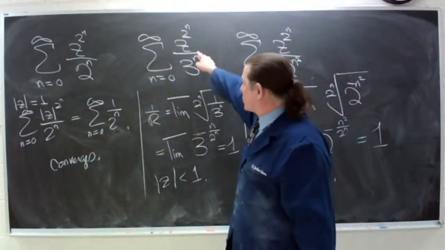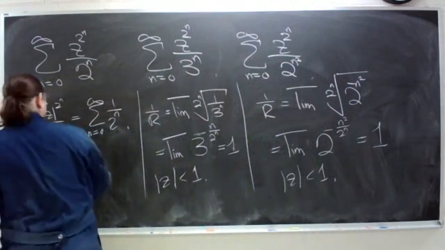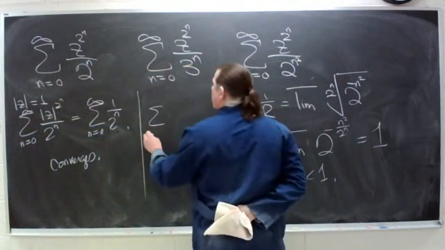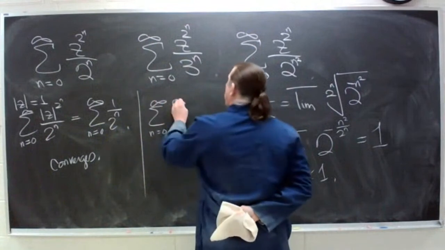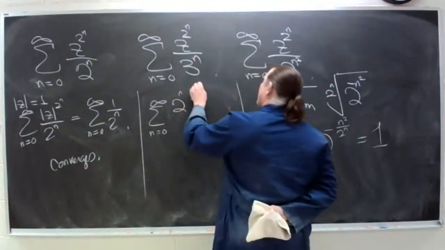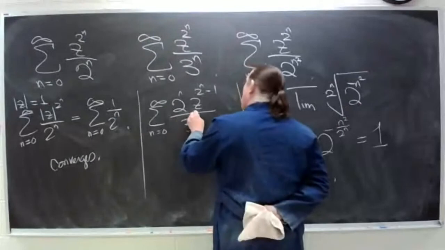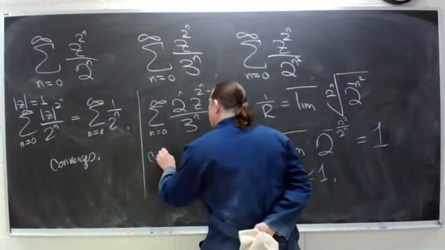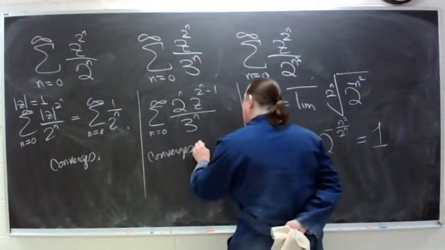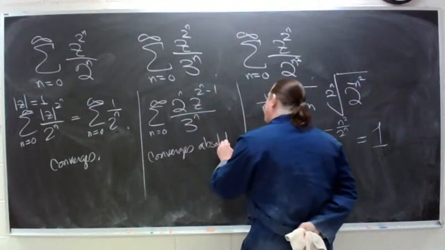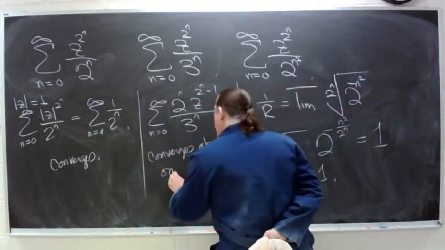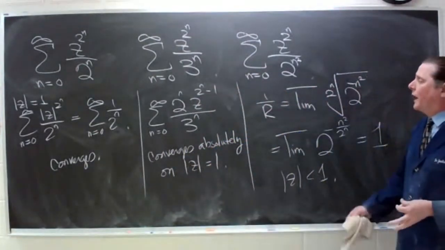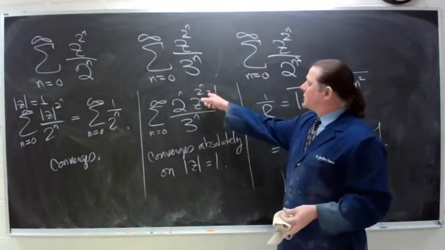This function, if you take its derivative, you would get this function. That converges absolutely on z equals 1 in modulus.